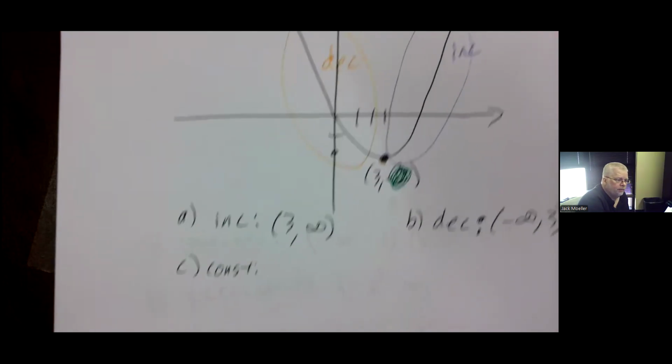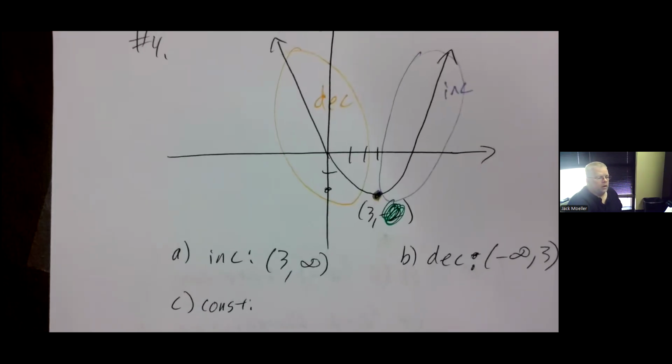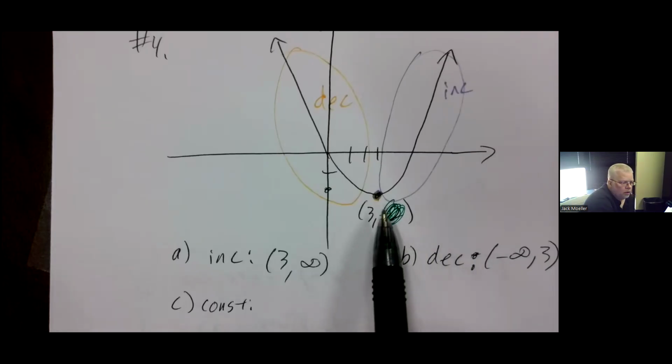What about constant? Where is this function constant? All right. And this is where, like in class, when I ask this question, I almost always hear that point right there is where it's constant. It's a good guess, but a single point cannot be increasing, decreasing, or constant.